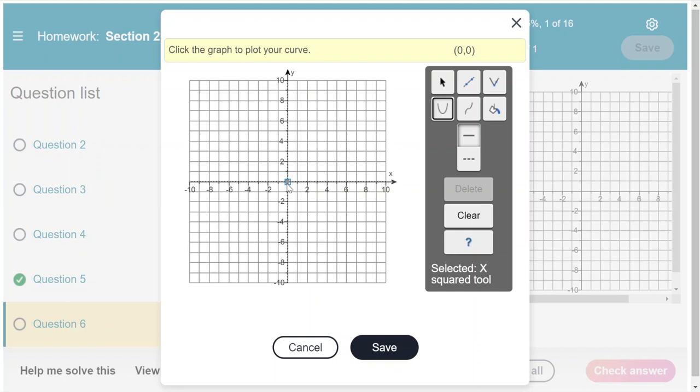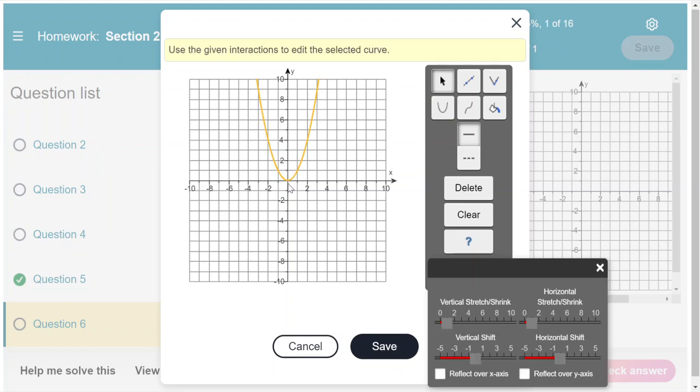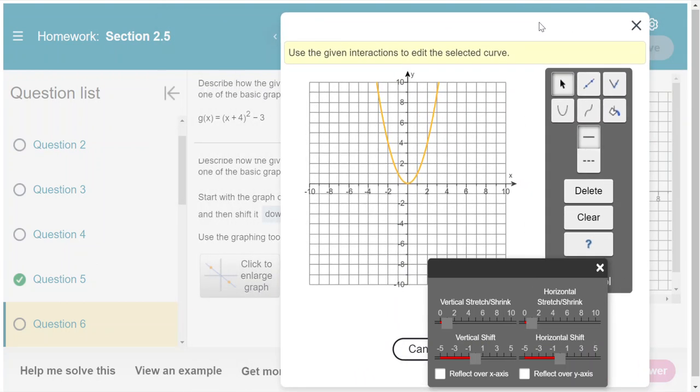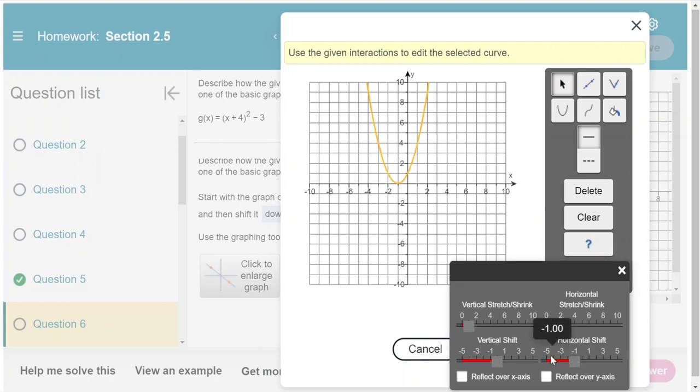And the vertex for a parabola is normally at 0, 0. And so now here's where we're going to make our adjustments. We said we were going 4 to the left. So that's a horizontal shift of -4.